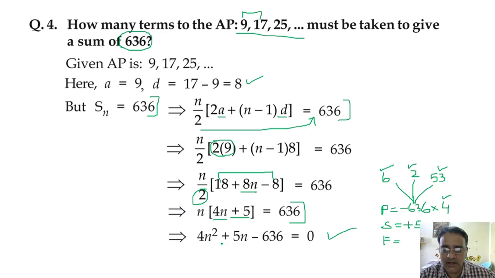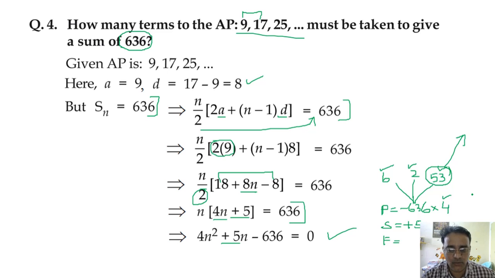The difference is an odd number, that means one should be even and the other should be odd. So here only one is an odd number, that is 53. We'll keep it aside. Now multiply all the other numbers: 6 into 2 into 4. How much are you getting? 48. So 48 and 53, the difference is 5.